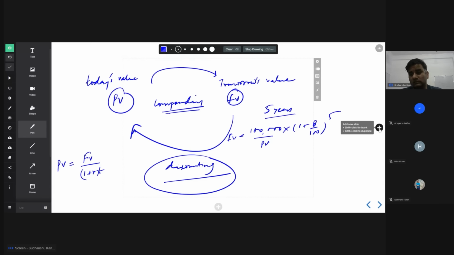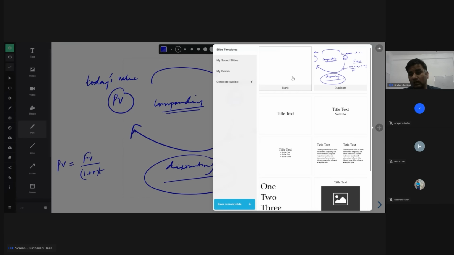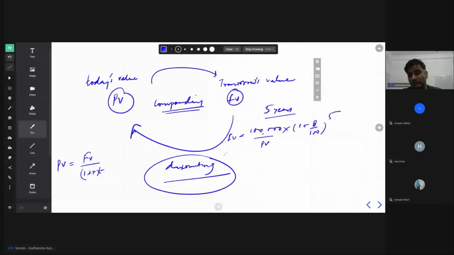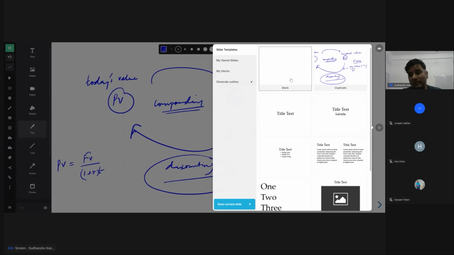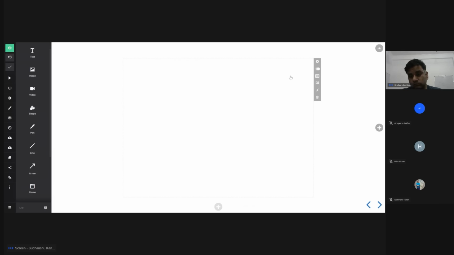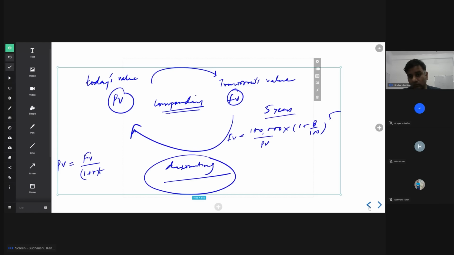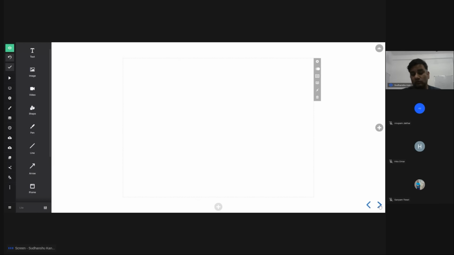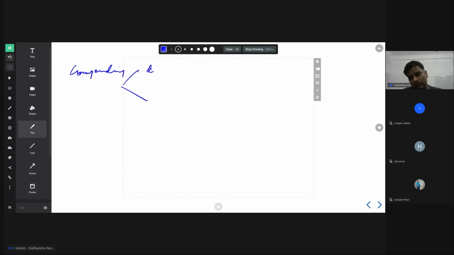Now the question is, is compounding only one kind of thing? Is there anything we should understand in compounding also? Compounding is of two types: discrete compounding and continuous compounding.